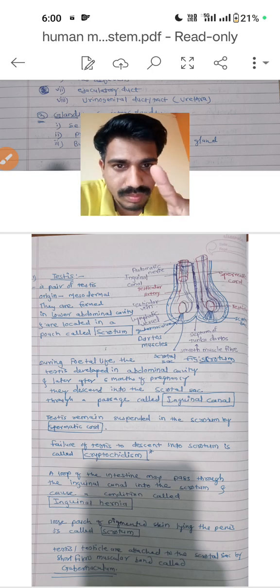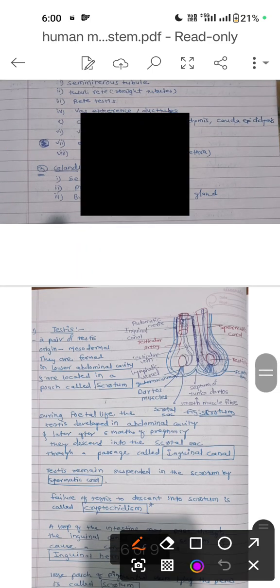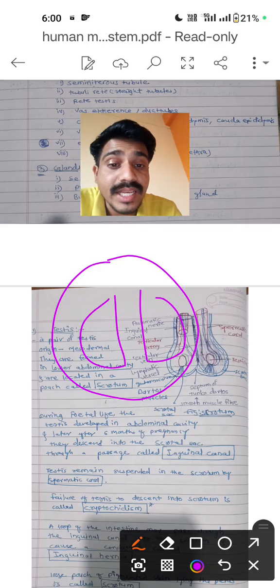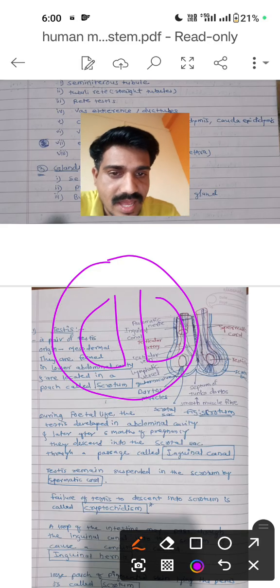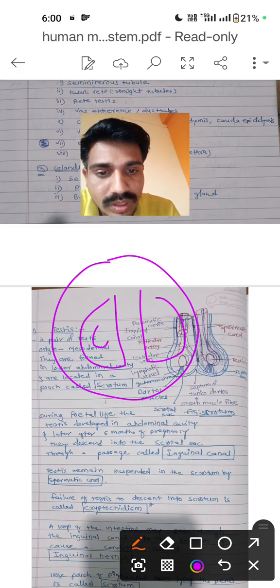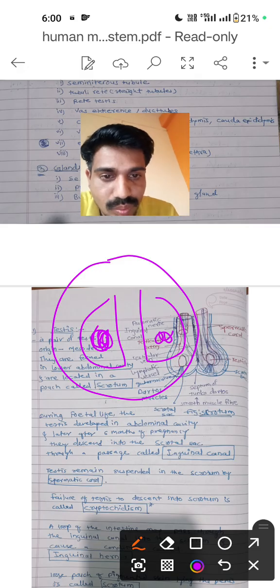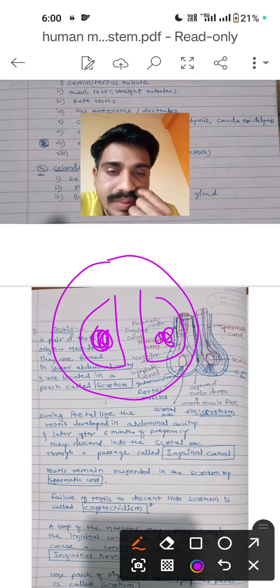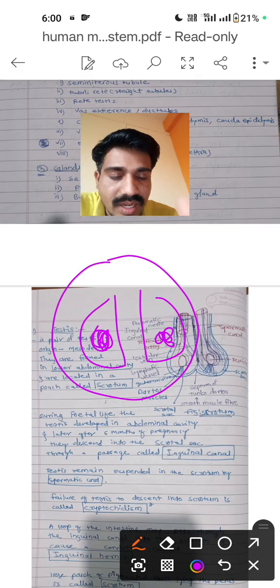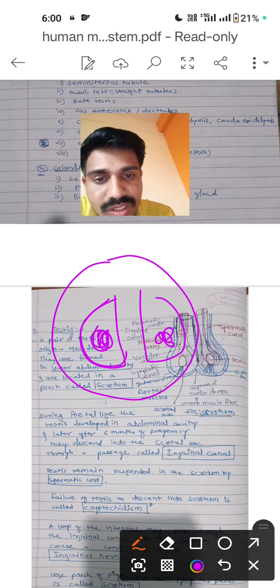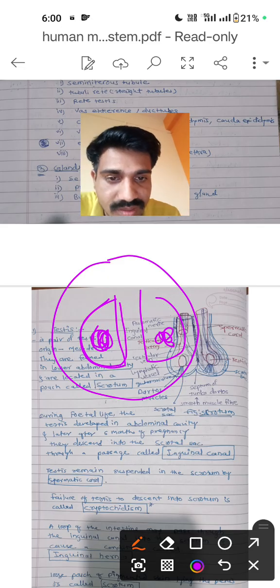In one scrotum there are two scrotal sacs, and in each scrotal sac there is one testis. A pair of testes is present in one scrotum, and each scrotal sac has one testis, or testicle.